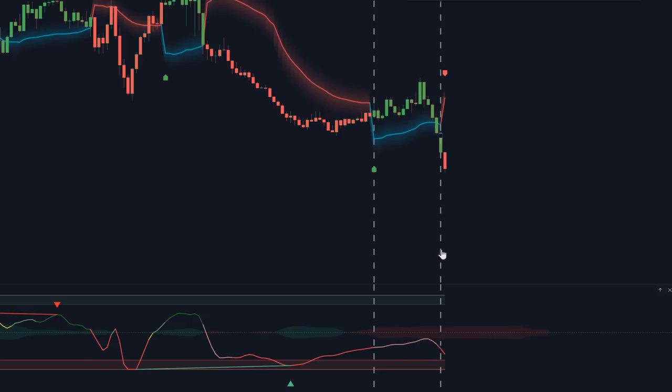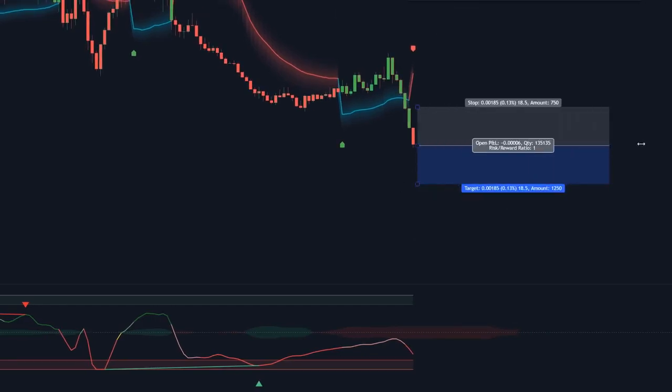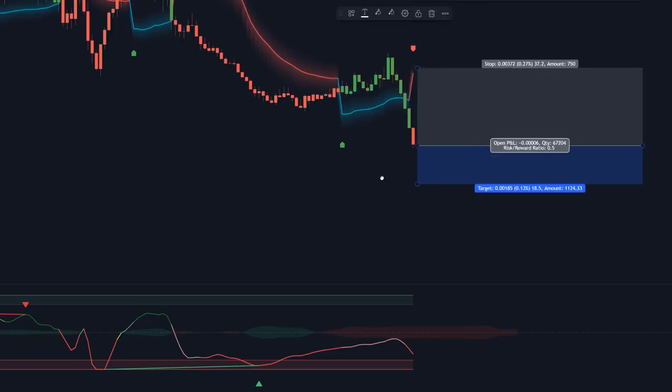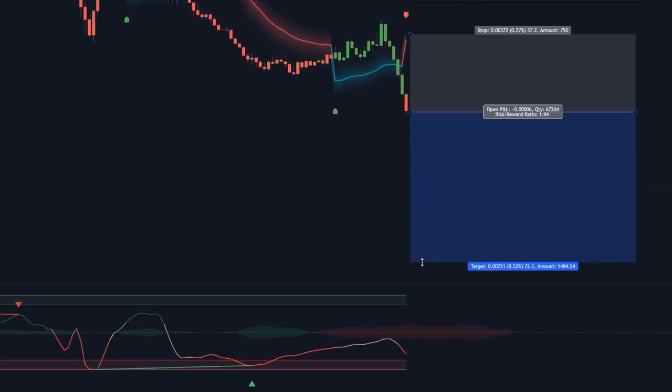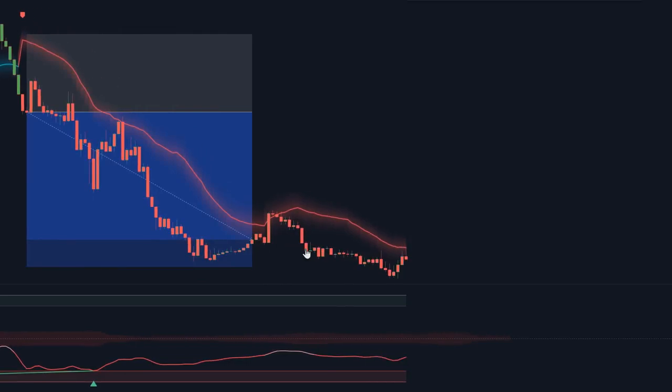It only remained red, which makes this entry a valid entry. Because of that, we enter a short position. The stop loss is going to be set just above this red trend ribbon. And then for the take profit, we're going to go with 2 times the risk. Letting this trade run reveals that it actually hit take profit.